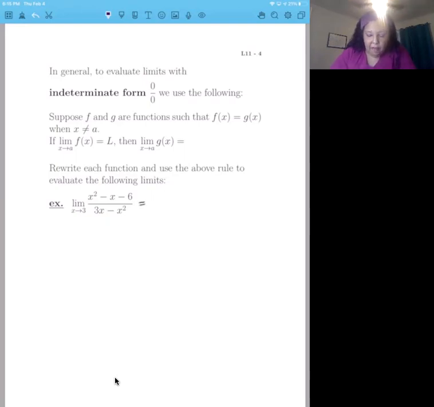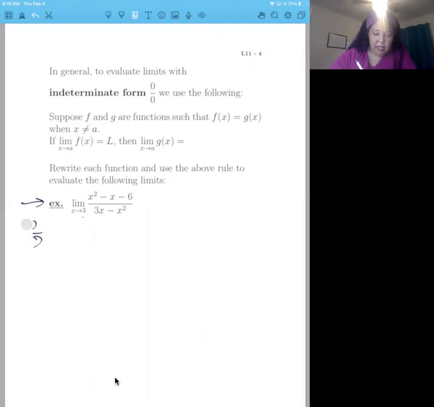So what I have here, if I plug in 3 into this example, I get 9 minus 3 minus 6, which is 0. And in the denominator, if I plug in 3, I get 9 minus 9, which is also 0. So that tells me I should do whatever algebraic manipulations I know how to do. That includes factoring. In a minute, we'll see one that multiplies by the conjugate so we can rationalize the numerator or the denominator.